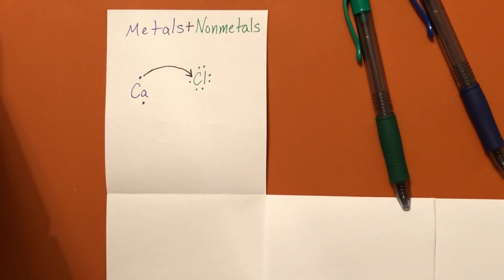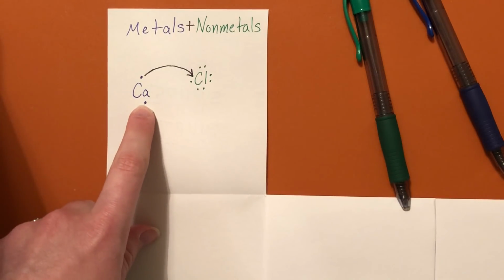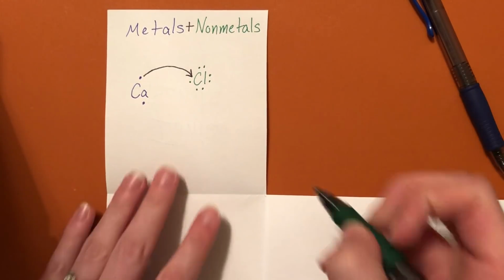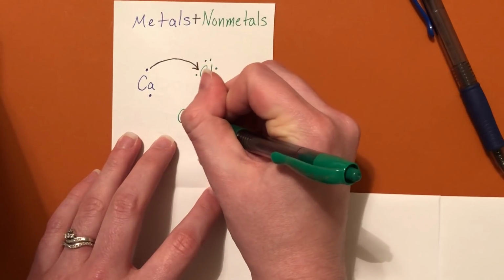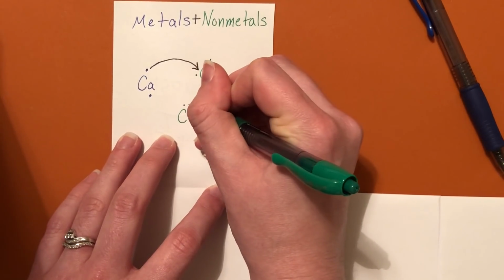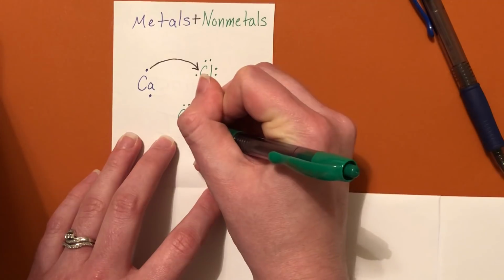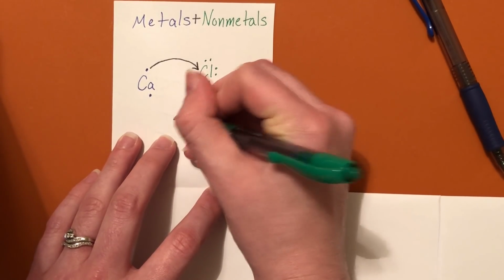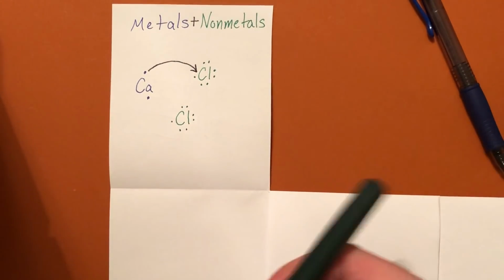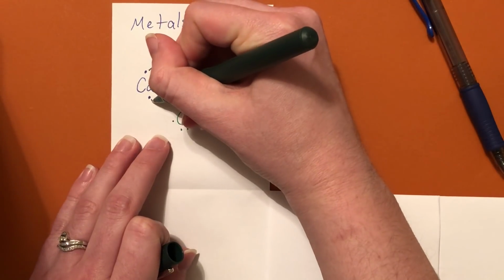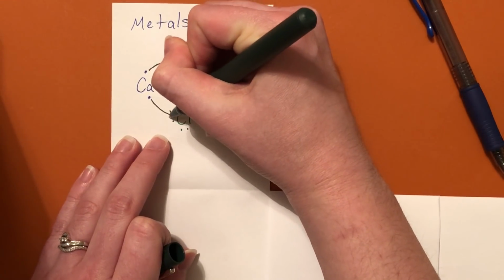But calcium still has 1 more electron that it wants to get rid of. So a second chlorine atom is going to come in with its 7 valence electrons, and it is going to steal that last electron off of calcium.